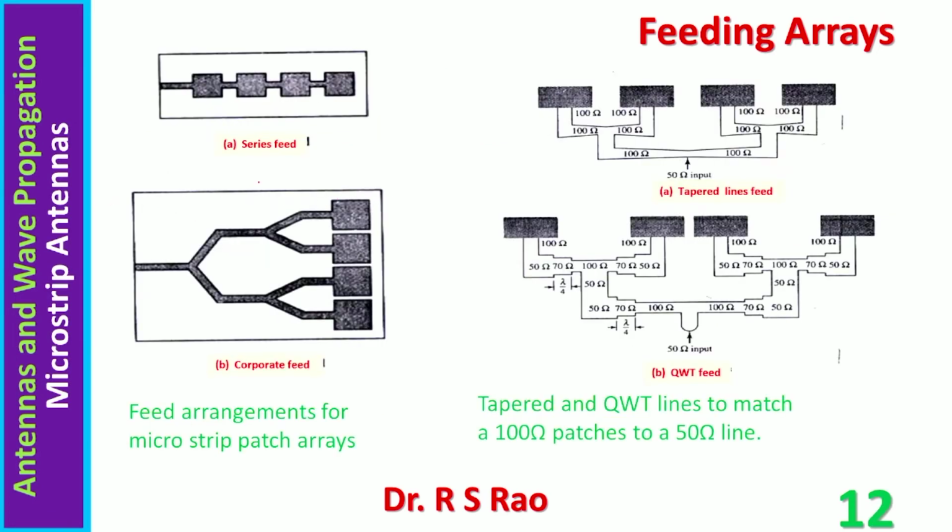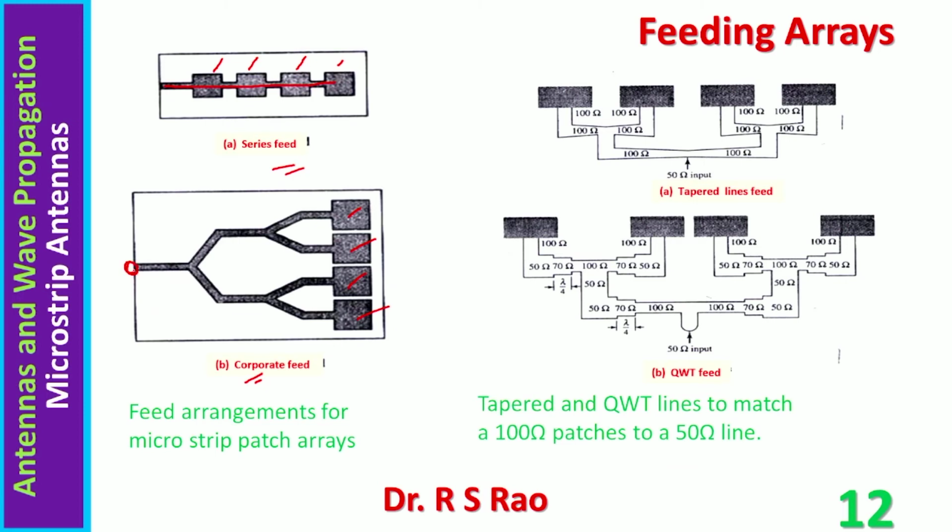Here is shown array feeding. In A, series feed is illustrated. These are patches 1, 2, 3, 4. They are fed through this microstrip line in series. In B is shown corporate feed. Four patches are there.